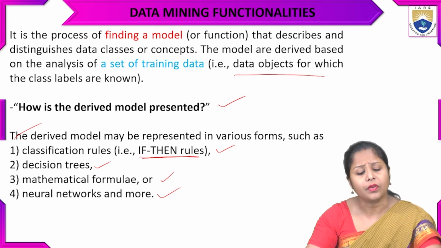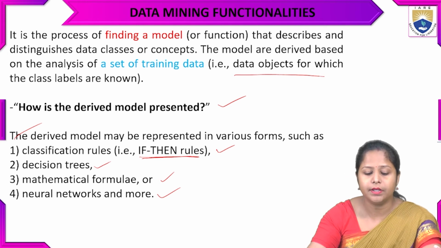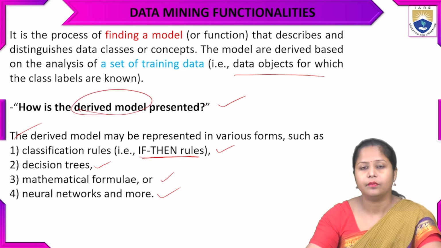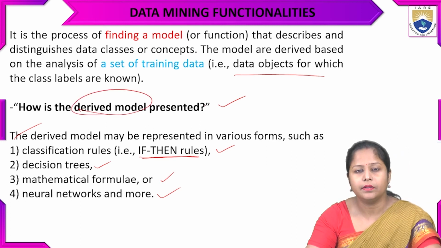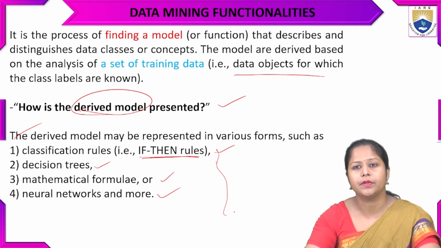On the basis of these rules, graphs and trees, we will be able to model the derived models. So all of the rules will be represented by this model, right? These are some of the various forms to represent that.